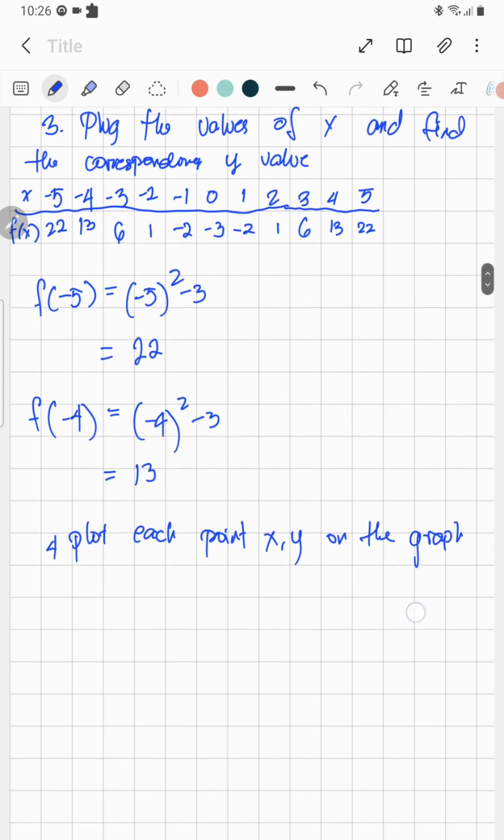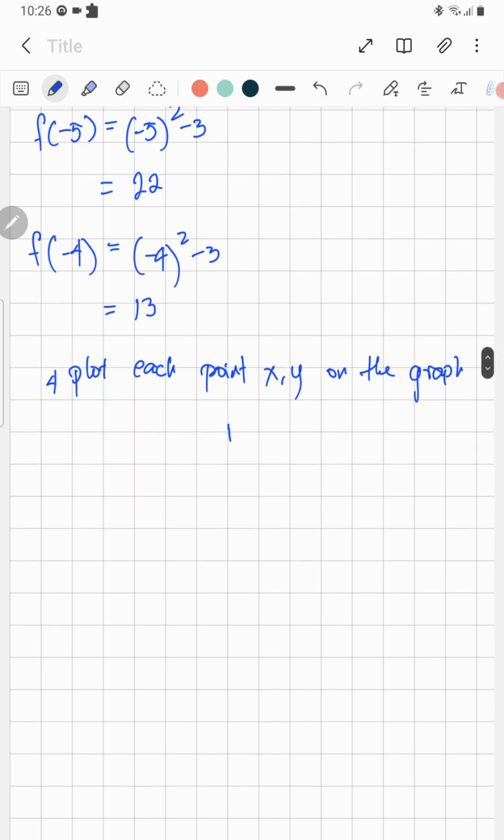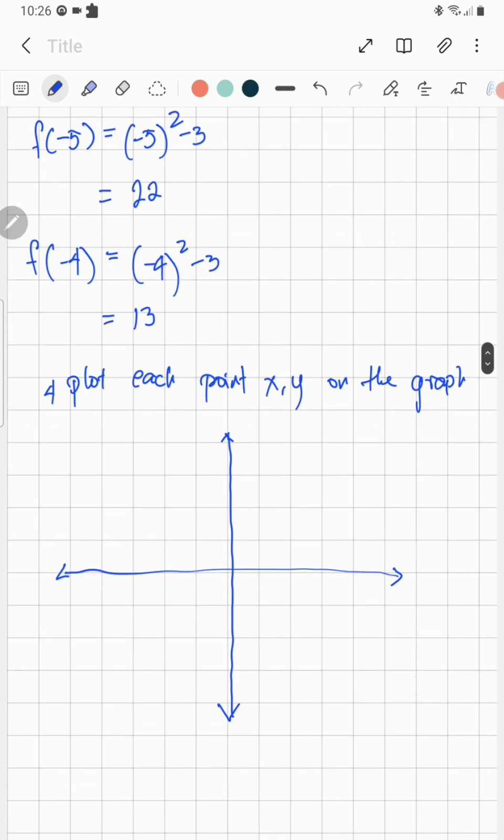So what this means is that we need also to create a graph. So ganito siya, hirap mag-drawing. Ayan. So this is a Cartesian plane. This is our basis for our graph. So, lagyan na din natin ng number. We have 0, 1, 2, 3, 4, 5, and then negative 1, negative 2, negative 3, negative 4, negative 5.